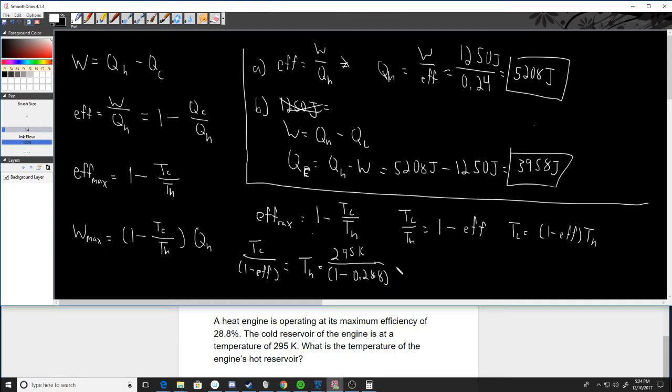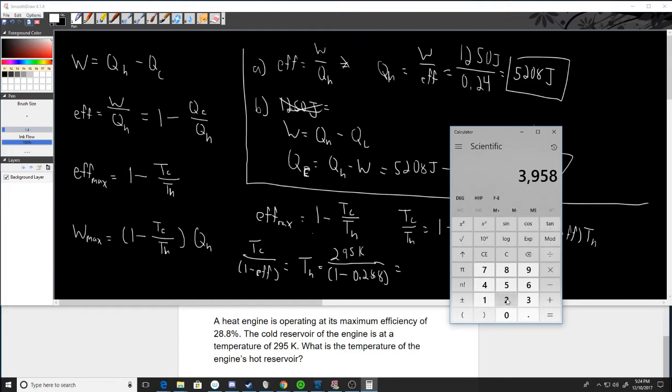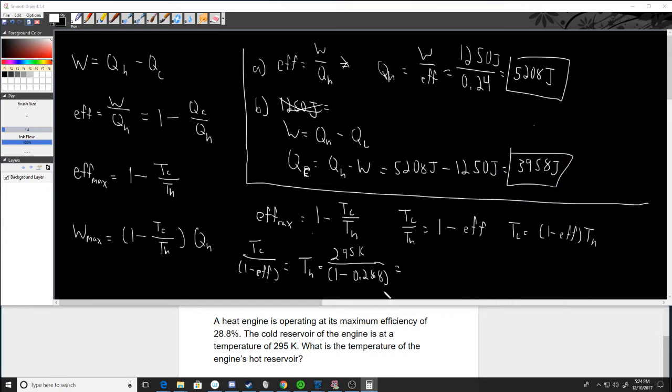Pretty much everything's set up. TH is by itself. I just need to plug this in. So we've got 295 Kelvin, which is room temperature, divided by parentheses 1 minus 0.288, close parentheses, equals 414 point, let's go with 414, and that's in Kelvin.